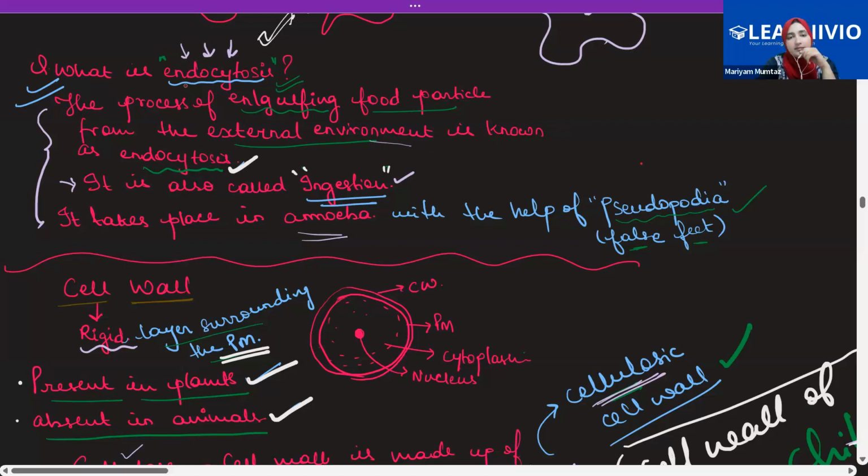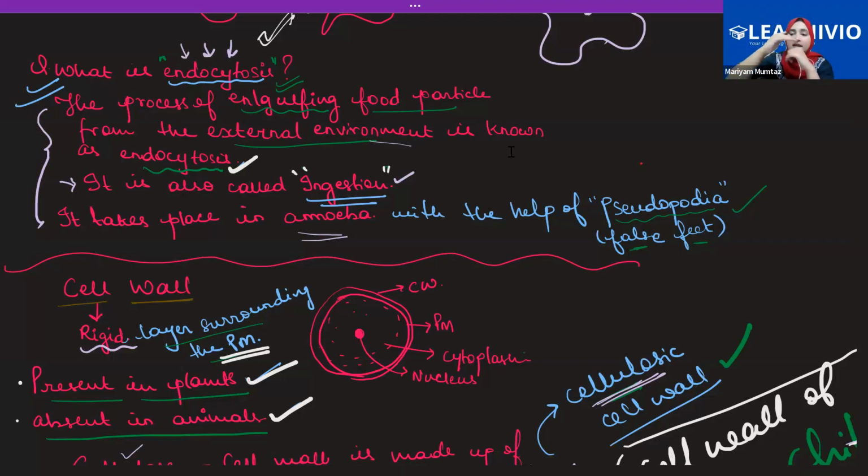After this, the plasma membrane is now completed. Now we move on to another layer. If you remember, the plasma membrane is the layer of the cell, and outer to the plasma membrane, another layer is present, called the cell wall. The cell wall is present in plants, bacteria, and fungus.